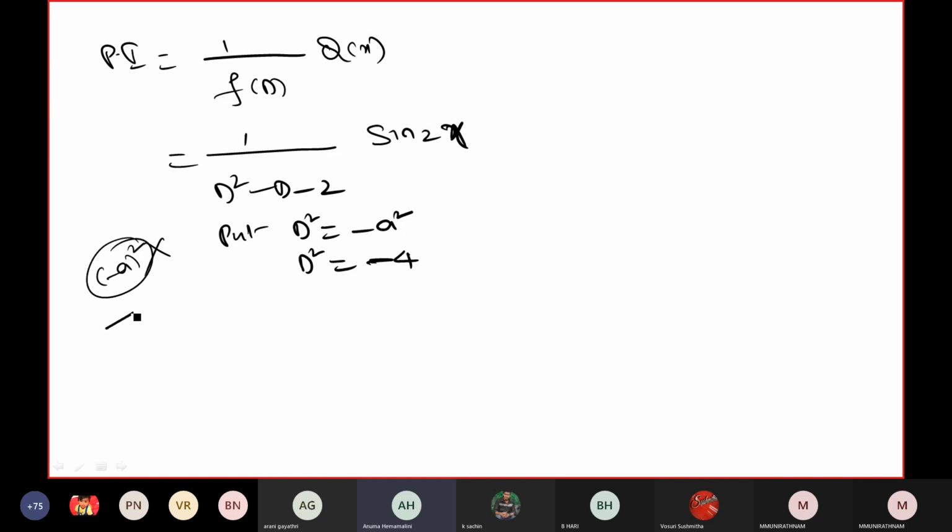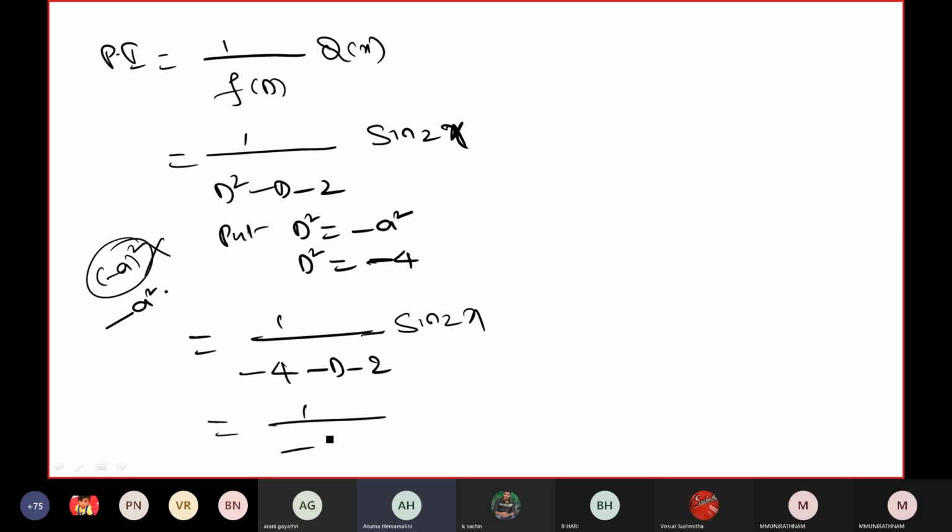This is minus a square, minus into a square. Minus 2 square is minus 4. And keep in mind that we replace only in d square, not in d. We don't bother about d.